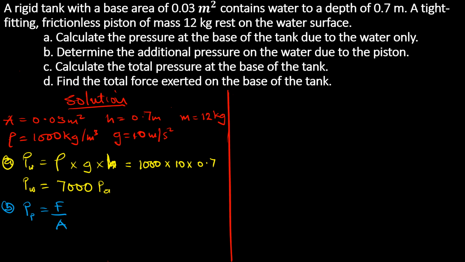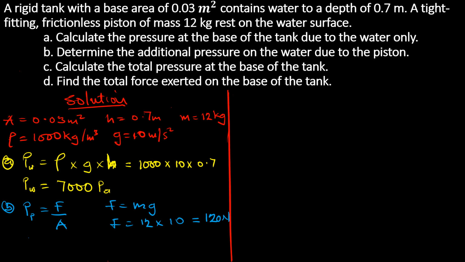So we have force, which is F, to be mass times gravity. So force will be equal to the mass of the piston, 12, times the gravity, which is 10. So this will be equal to 120 Newton. Okay.